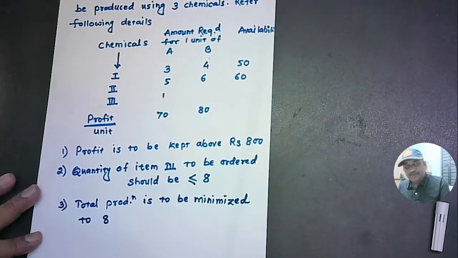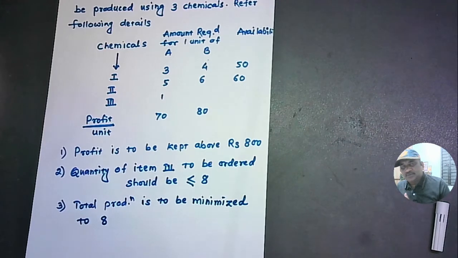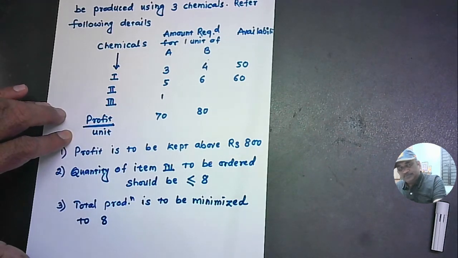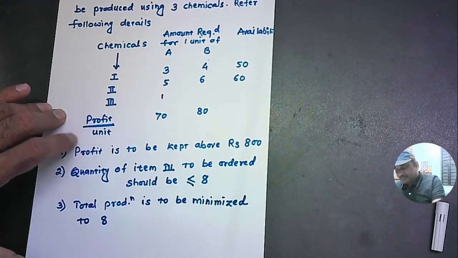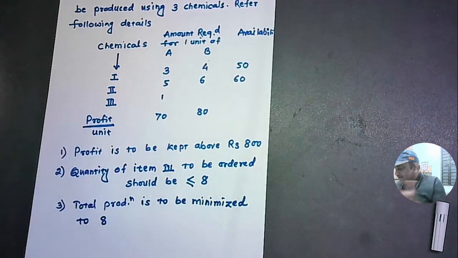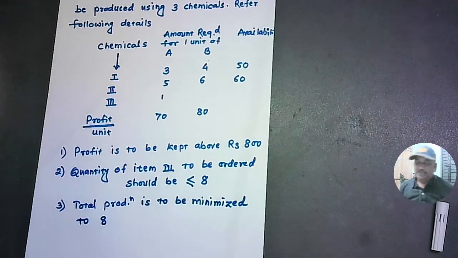So this problem sounds more or less similar to LPP, but if we handle it as LPP, we will immediately have our objective as maximize profit. But here we are seeing that the production is to be minimized. Then it is a little bit of a conflicting situation: production is to be minimized and profit is to be maximized.